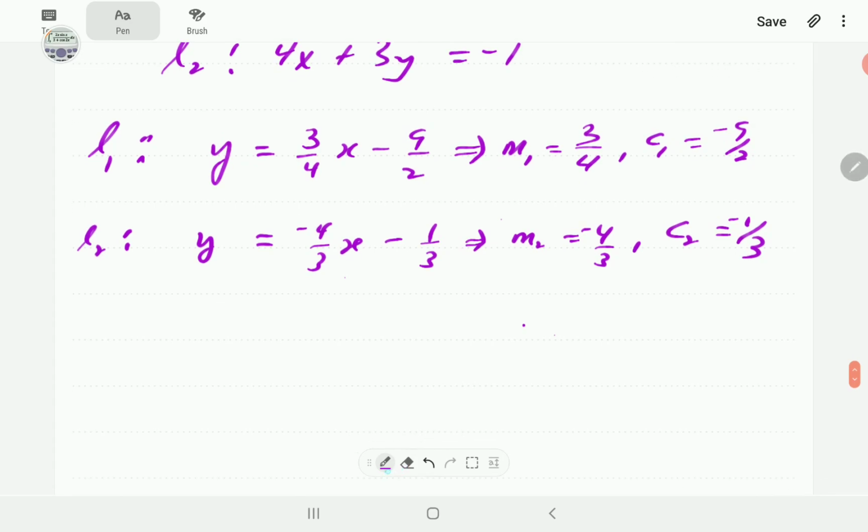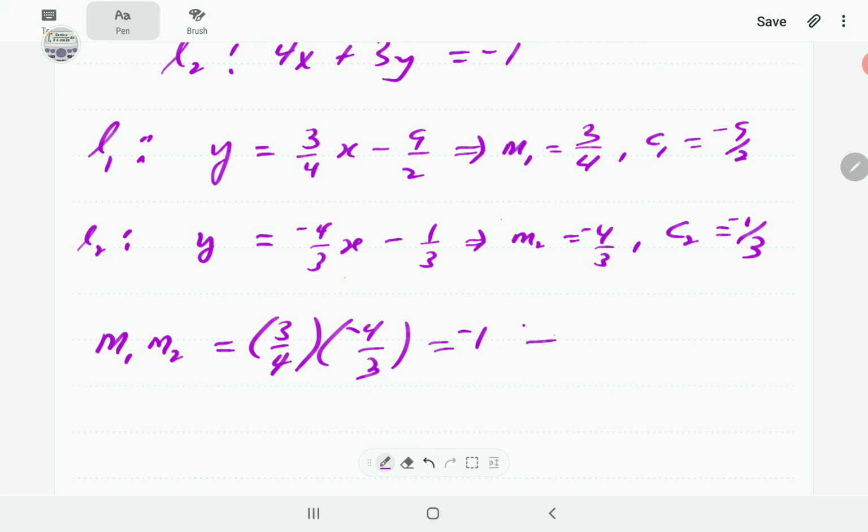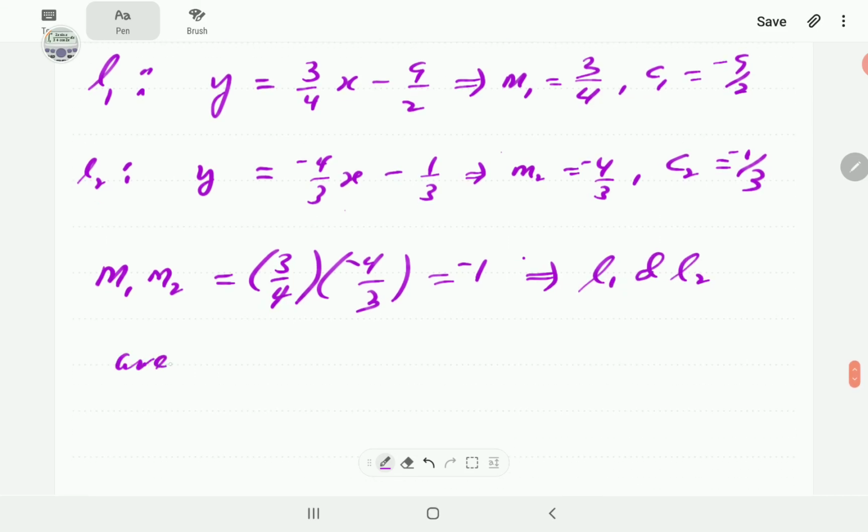From which clearly these two are not equal. But the next thing we need to check is whether this product is equal to negative 1. And from this you can see that this product is negative 1. So this is telling us that L1 and L2 are perpendicular.